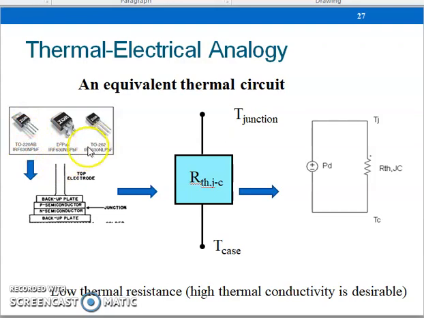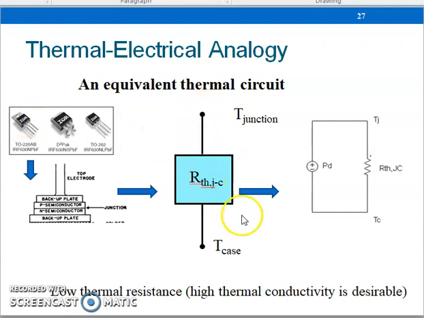It can be represented as a device which has heat generated at the junction and transferred to the case. The junction is inside here, the case is the metal tab here. The metal tab is here, the junction is inside the body of the plastic encapsulated case, the PN junction. It will generate heat and convey it out to the case.